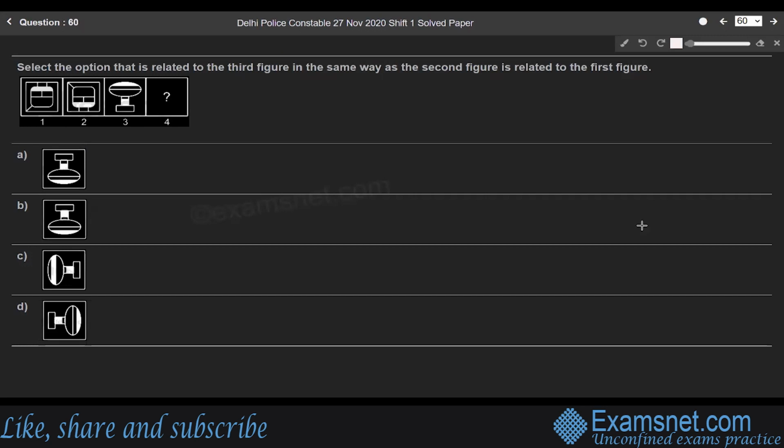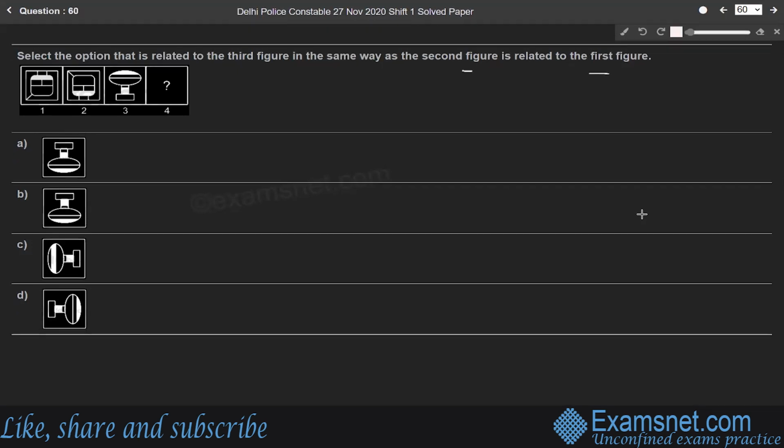Question 60. Select the option that is related to the third figure in the same way as the second figure is related to the first figure. Here, in the first 2 figures, the second figure is the water image of the first figure, which means inverted, right?